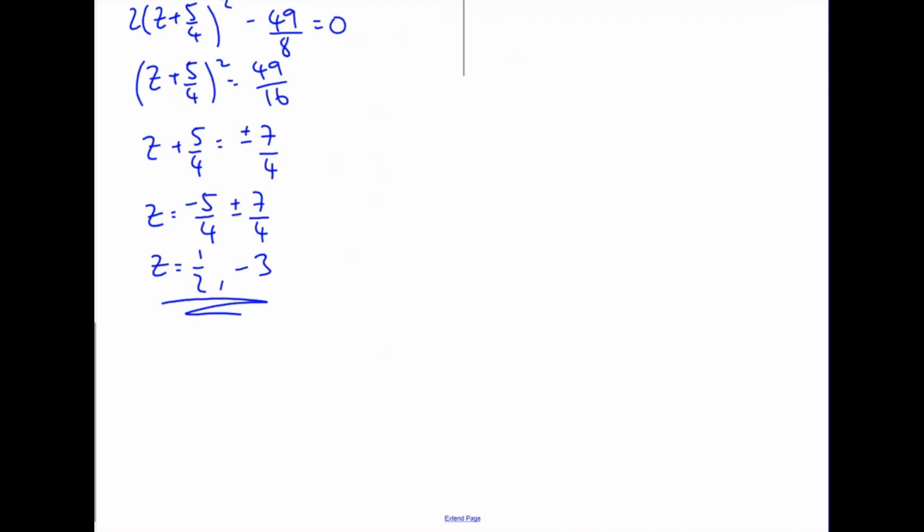So when we square root this, we're going to get plus or minus 7 over 4. I'm going to get 2 real roots. So if I minus the 5 over 4 across, this either gives me a half, if I do minus 5 over 4 plus 7 over 4, or it gives me minus 3. Okay, so in this case, our quartic has 2 real roots and 2 complex roots which form a conjugate pair.